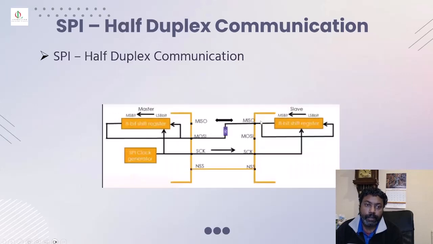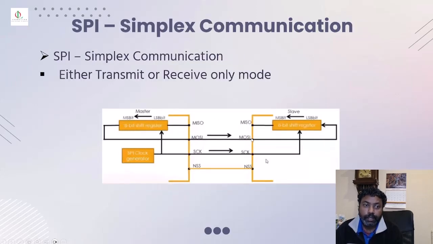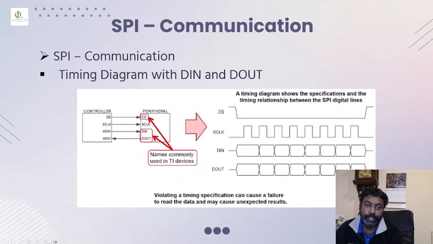In half duplex, you can determine whether it is a transmit or a receive. There is another method called simplex communication. In this, you can either only transmit or only receive. It can't be both. It can be set just as a transmit or a receive. So that's simplex communication.